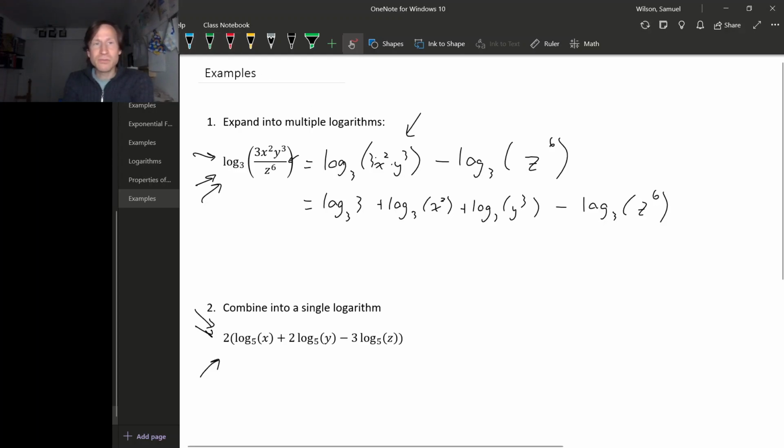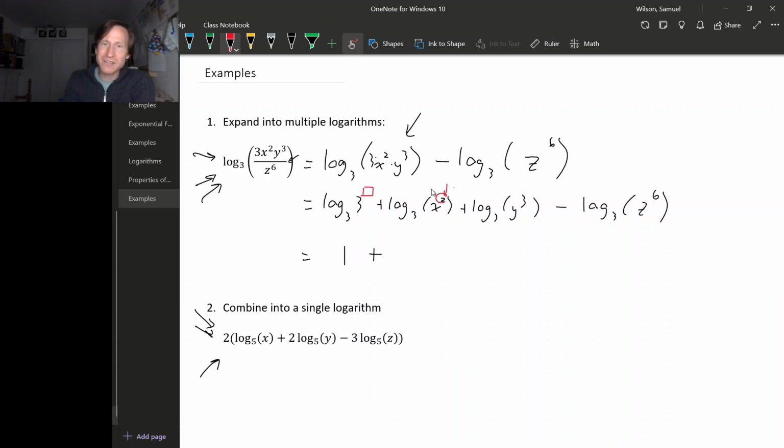Now there are a couple things we can do. So first of all, for this first piece, log base 3 of 3, remember logarithm base 3 pulls out the exponent on your 3, but that's a 1 here. So log base 3 of 3, that's 1. Plus, now log base 3 of x squared, right? The first thing this logarithm sees is the last operation inside, but that's the exponent.